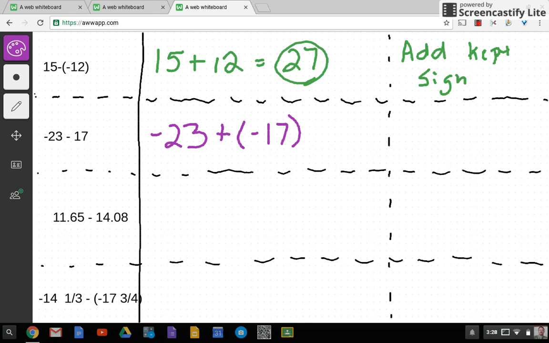This problem is really negative 23 plus a negative 17. So since I've got the same signs, what we're going to do is we are going to add and keep the sign. So in this case, we are going to add and then keep signs.